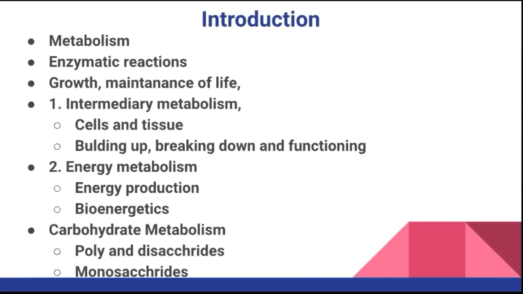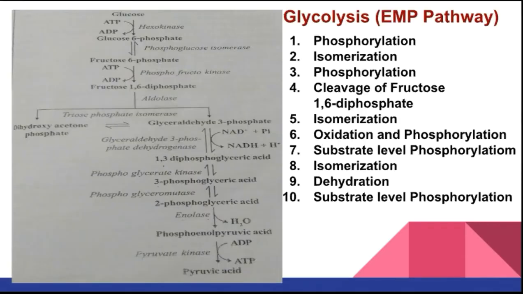Now today we will start carbohydrate metabolism with the first process, glycolysis, or the EMP pathway. Glycolysis is a process that results in the conversion of a molecule of glucose into two molecules of pyruvic acid.